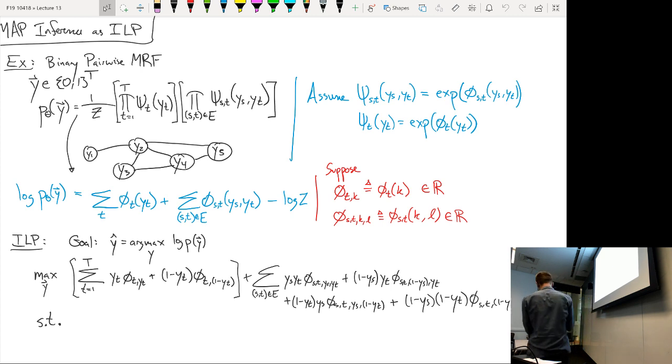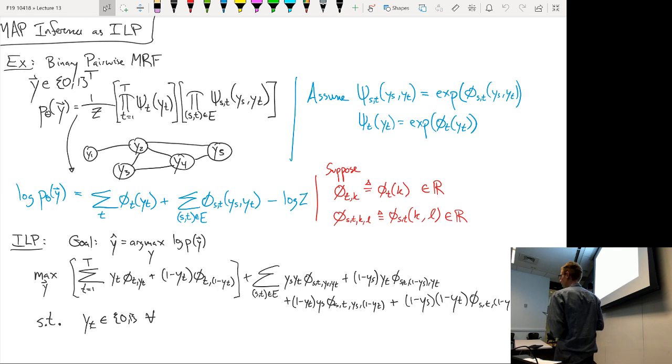Yeah, just that yt is in 0, 1 for all t. So that constraint that they're 0, 1 valued is sufficient to ensure that the max of this is the max likelihood assignment to the variables.